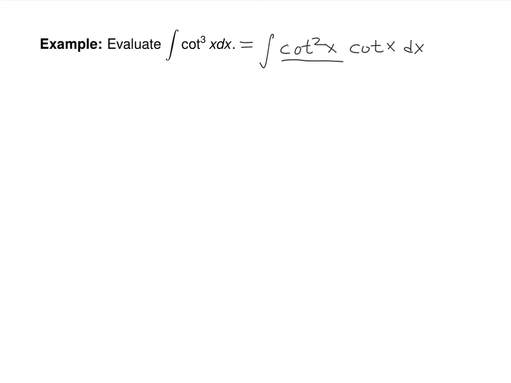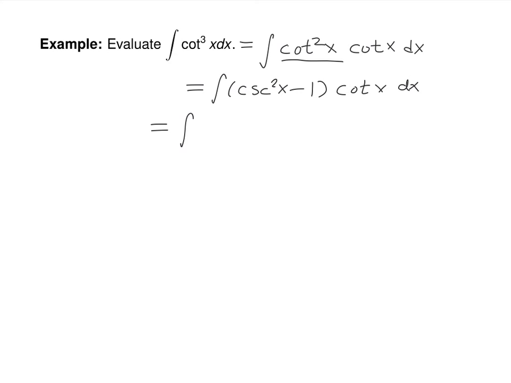So cotangent squared x, that's the same thing as cosecant squared x minus 1. Now, a plain old substitution at this point doesn't work, because the derivative of cotangent is cosecant squared, not cosecant squared minus 1. So at this point, let's distribute that cotangent and break it into two integrals.